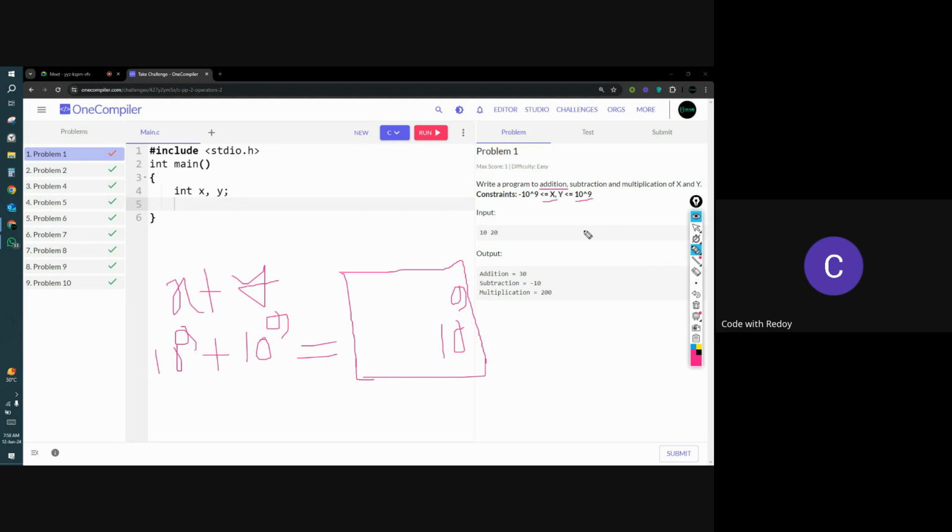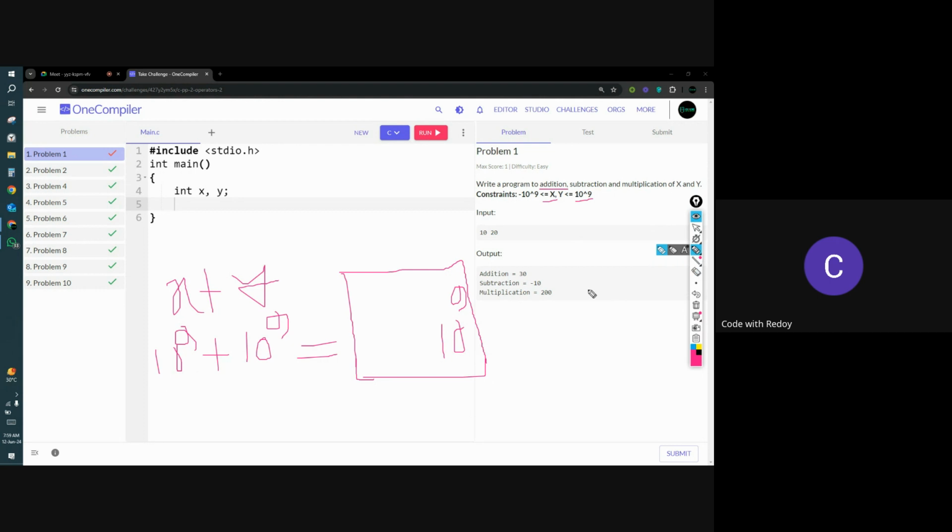That's why I'm calculating with the maximum one. So 10 to the power 9 plus 10 to the power 9, the result will be 2 into 10 to the power 9. And as it is a constraint, this can be changed. That means we can skip it to understand the data type.